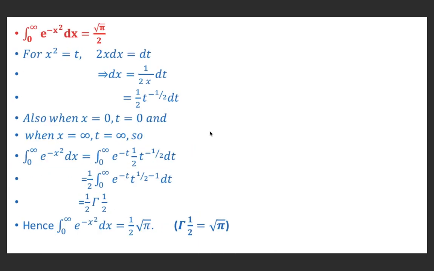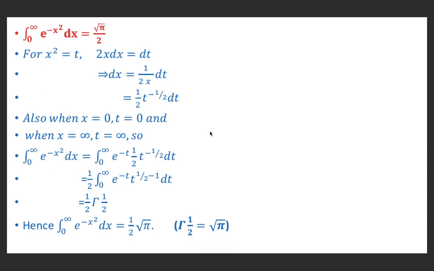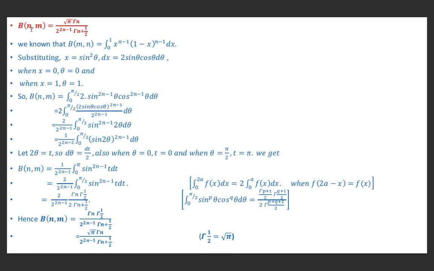So now beta n, n is equal to under root pi gamma n upon 2 raised to power 2n minus 1 gamma n plus half. We know the definition of the beta function. It is the integral from 0 to 1 of x raised to power n minus 1, 1 minus x raised to power n minus 1 dx.